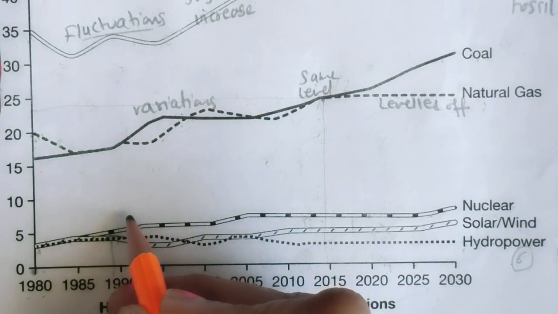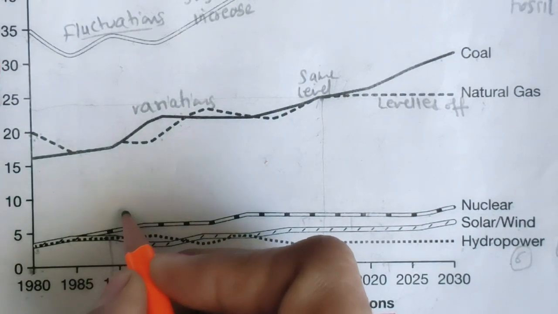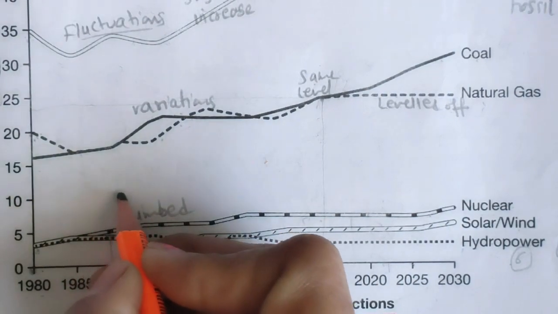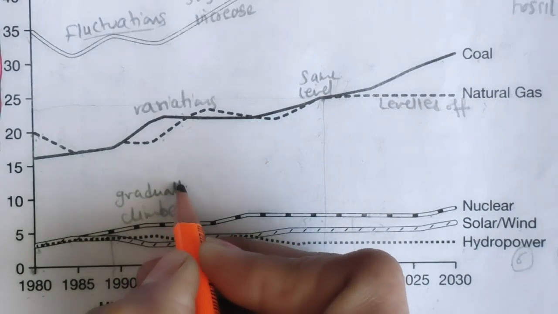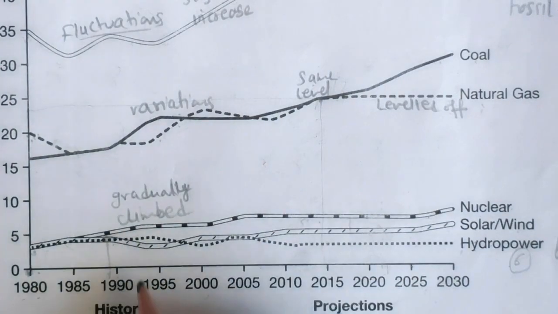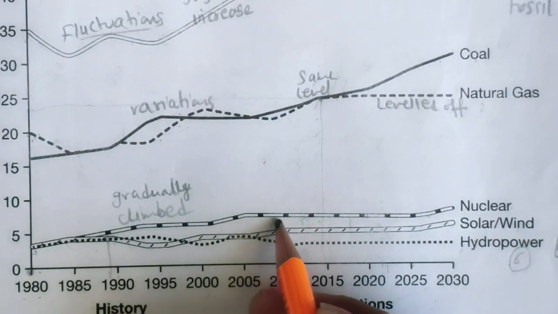For slightly increased, you can use another word, like gradually climbed. So you can say gradually climbed, and it kept the pace like that.